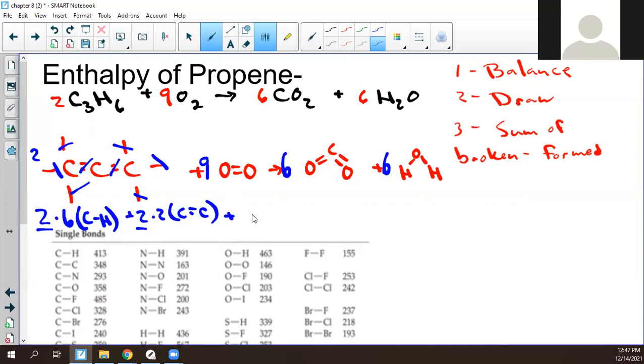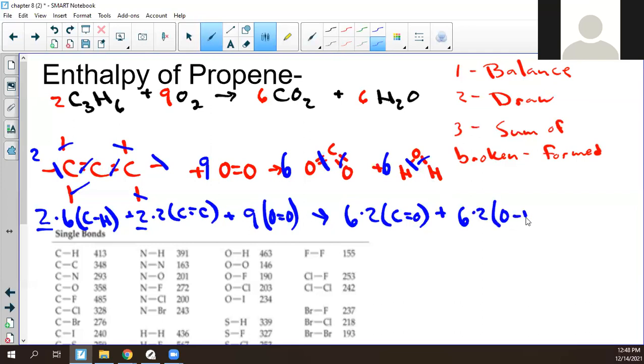Okay, plus this one's not bad. It's 9, O double bond O, goes to 6, but there's 2 in each one, right? Times 2, C double bond to O. Plus 6, but there's 2, 1, 2, O single bond H. Very tricky. But now we plug in numbers and we'll sum this part up, right?